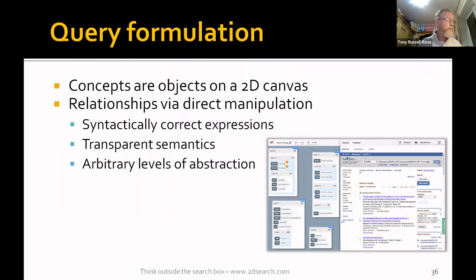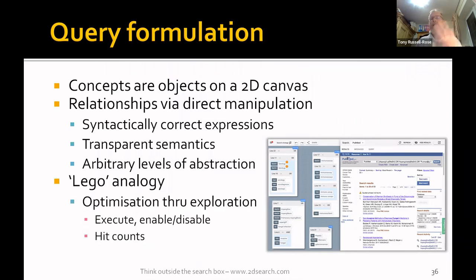Arguably, the semantics is more transparent because you can just see on the canvas what the search strategy looks like, and you can zoom in and out, and it's just a much more playful interaction where you can try what if scenarios and benefit from all sorts of tools that you would associate with a software development environment that haven't yet been invented in search development environments, but in my opinion should be.